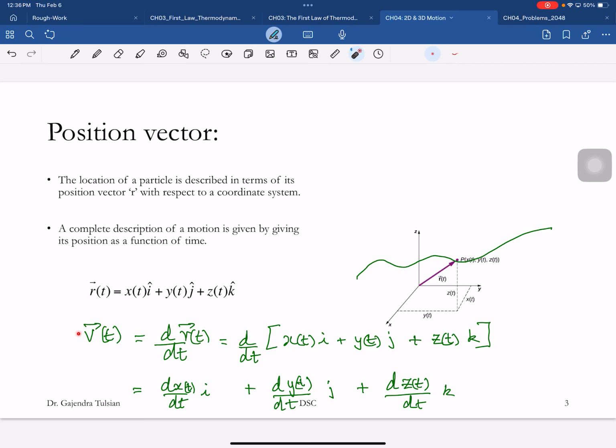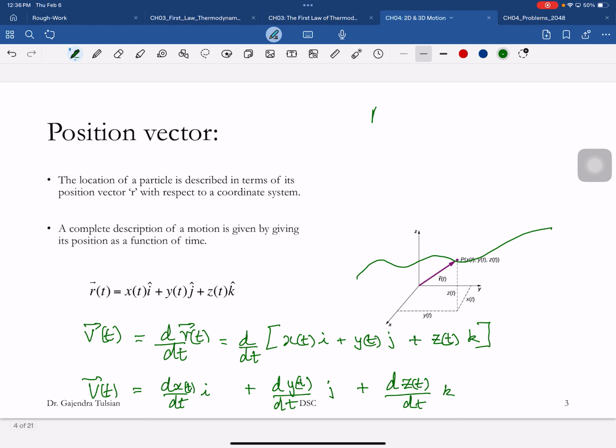Okay, that's the velocity of the object. And this is the x component of the velocity. This is the y component of the velocity. This is the z component of the velocity.